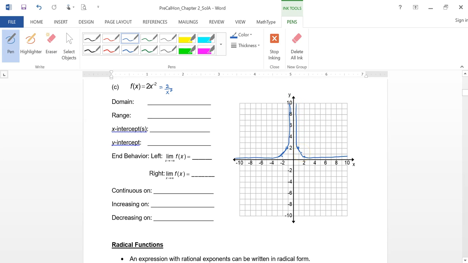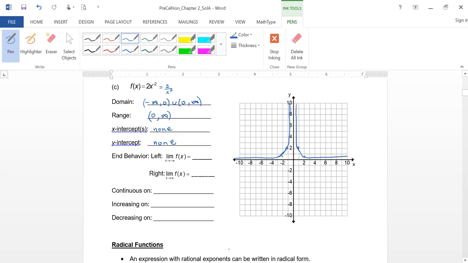So the domain is all reals except for 0, meaning everything from negative infinity to 0 and 0 to positive infinity. The range goes from 0 to positive infinity, but we're not going to include 0 because that's an asymptote. The x-intercepts, none. The y-intercepts, there are none.